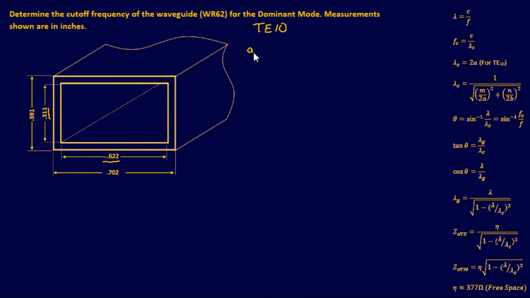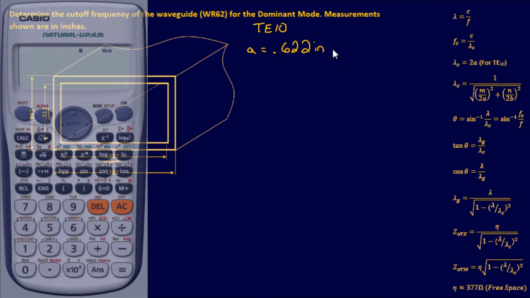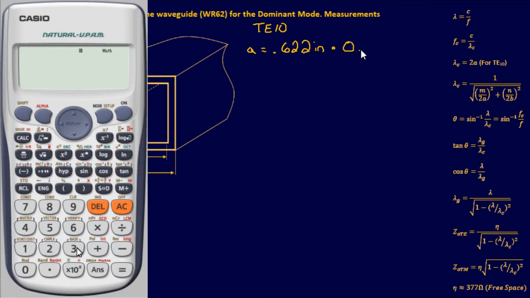The width is considered to be A, which equals 0.622 inches. If you want to convert that to meters, you go ahead and multiply it times 0.0254. And that's pretty simple. That comes out to be an answer of A equals 0.0158 meters.